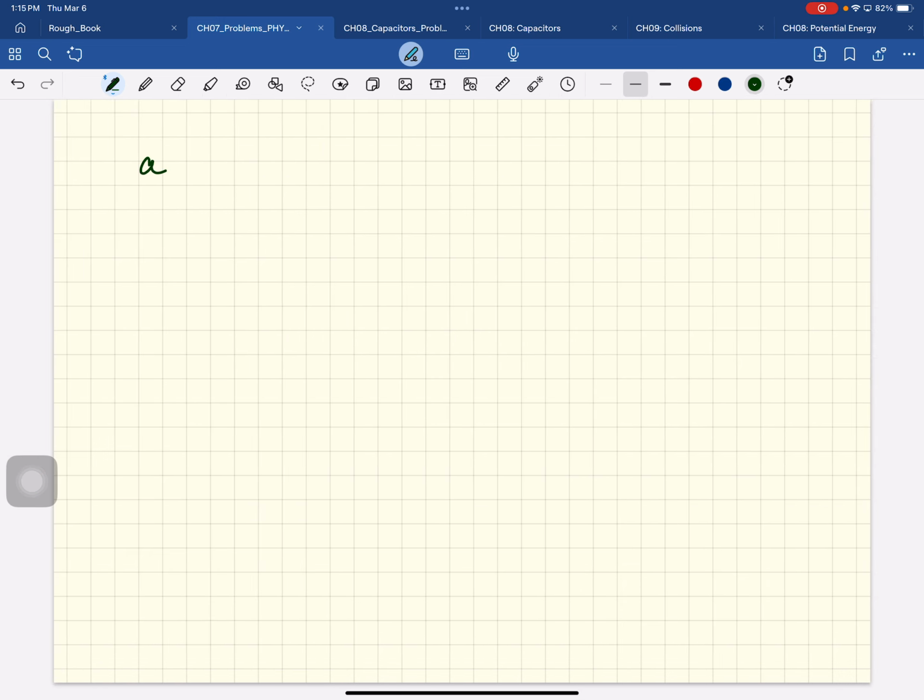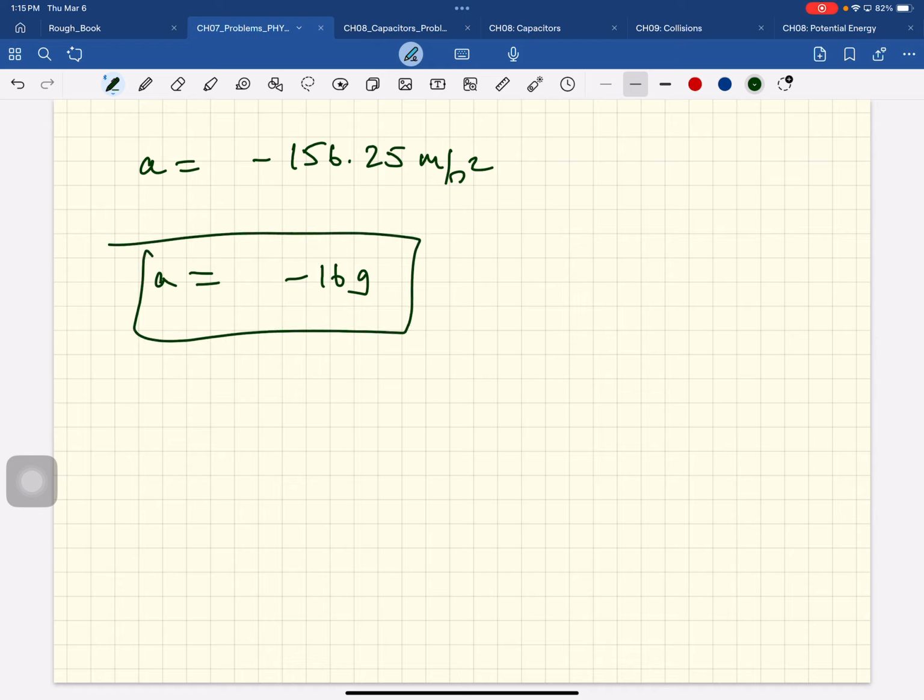So the acceleration is 156.25 meters per second squared, about 16 g's. And that kind of stuff can be fatal.